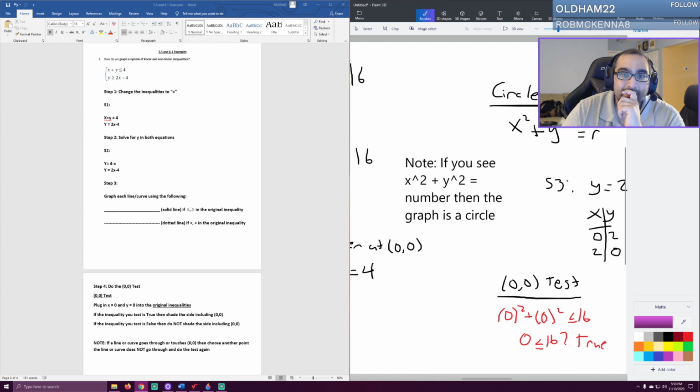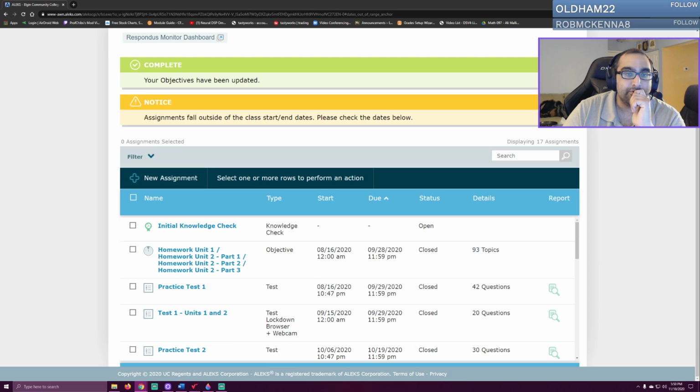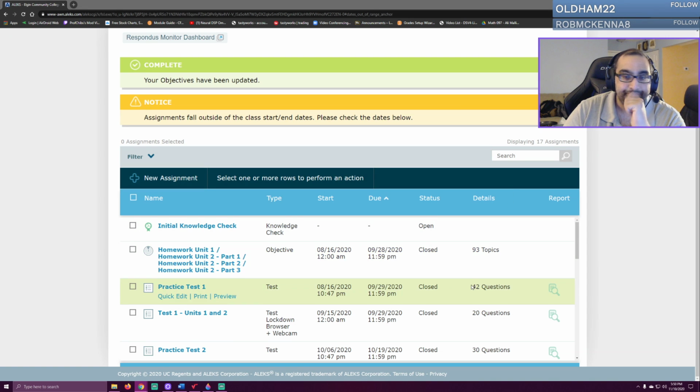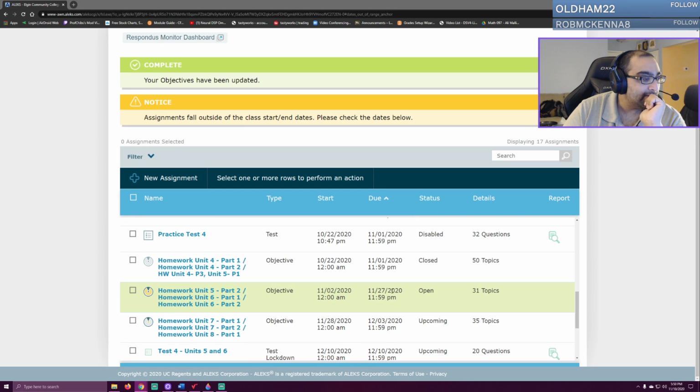All right. So, just to show this off here, guys, really quick: I did extend this date out. It's now the 27th. As you can see there, the 27th is now the new date for the 5 and 6 homework. So I just want to point out that it has been changed appropriately.